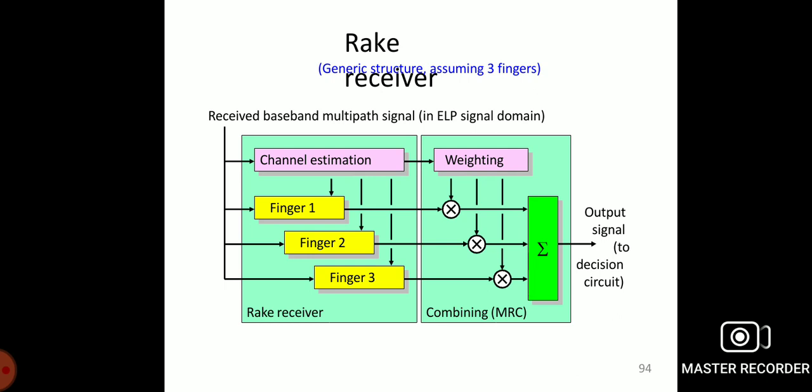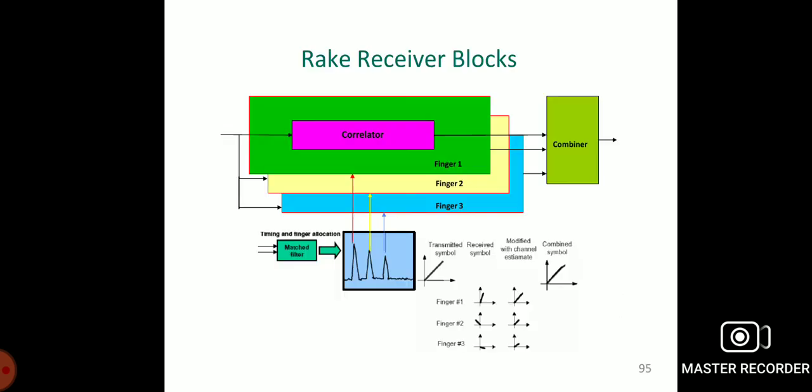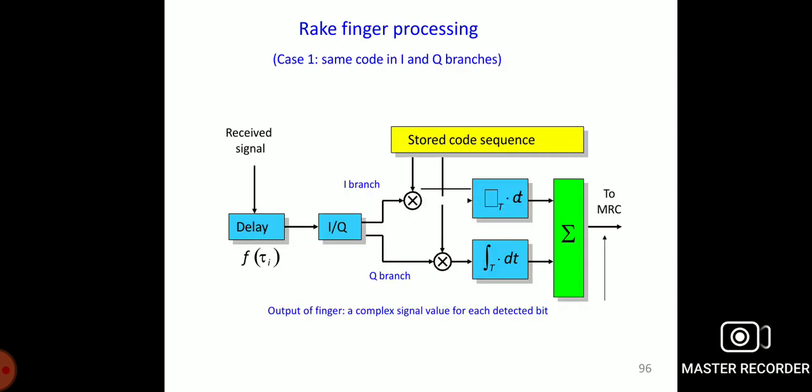Now let us move to rake finger processing. Case 1: same code in in-phase and quadrature branches. The received signal is always an errored signal. The error noise signal is the delay of tau i in the fraction of delay.